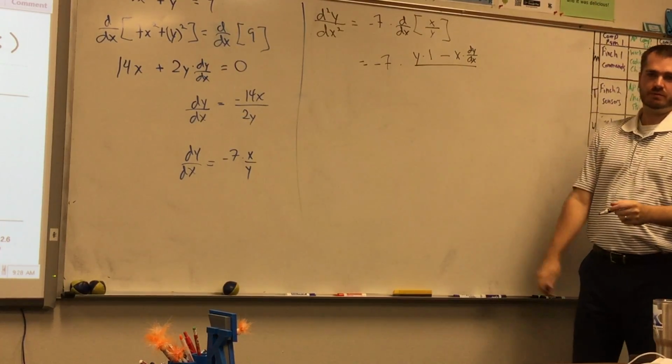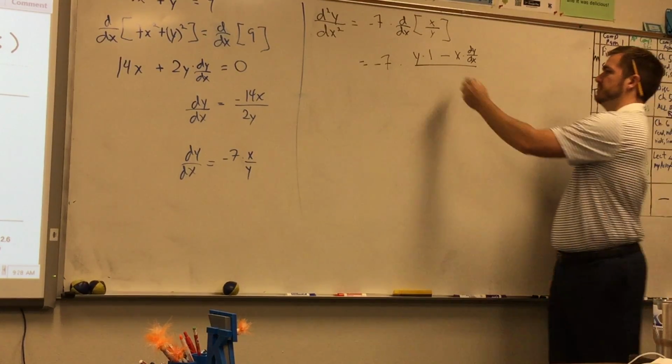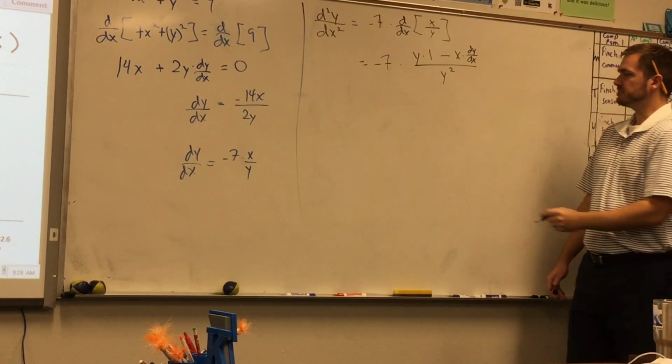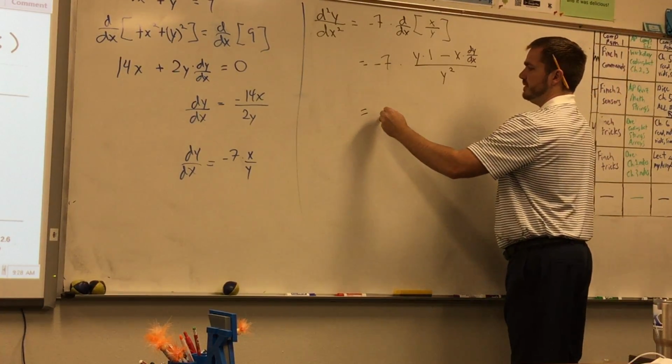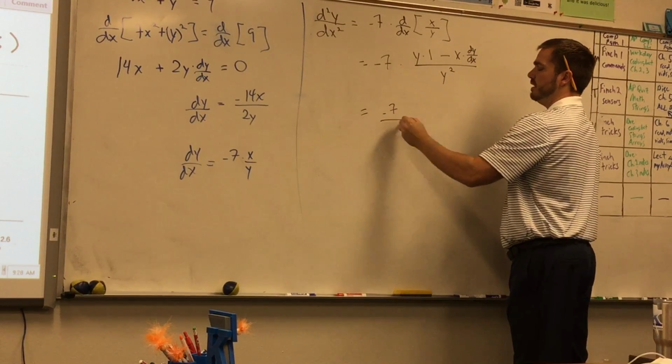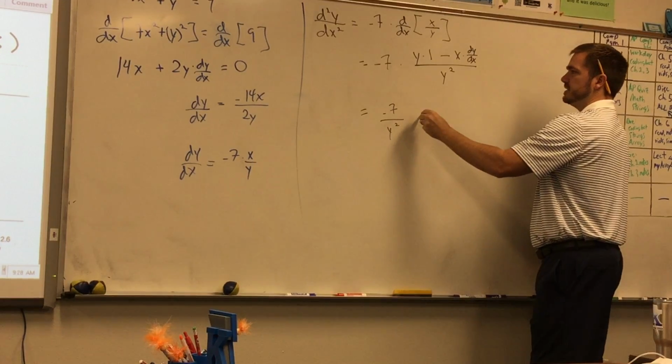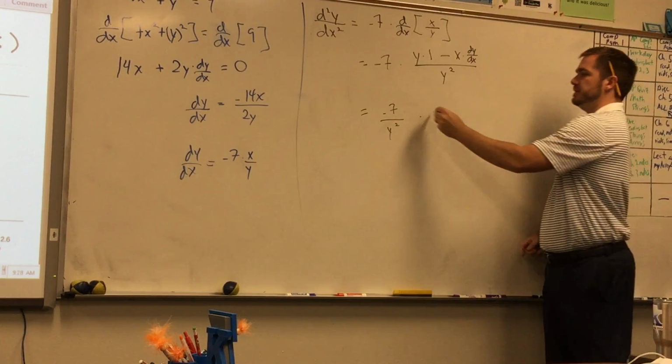Over low squared we go, so over y squared. So that's going to be -7. I'm going to pull out this y squared because I want to. Times, y times 1 is just going to be y.